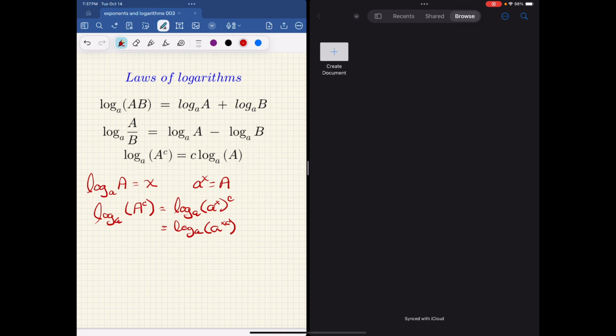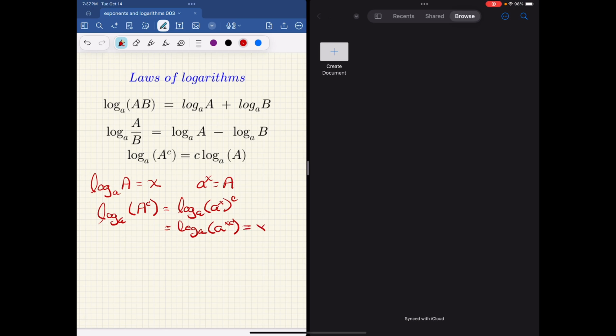It is the number to which you have to raise the base a to get a to the xc. Well, that's simply obviously xc. But x equaled log base a of A, so xc is going to be equal to c times log base a of A, which proves our relationship log base a of A to the c equals c times log base a of A.